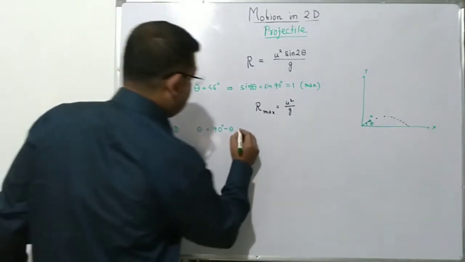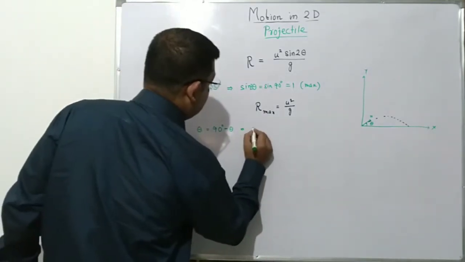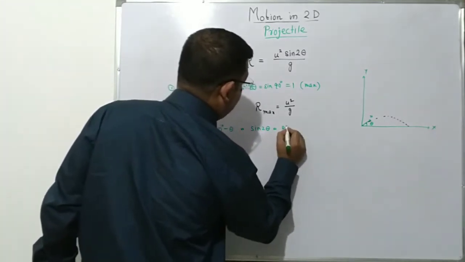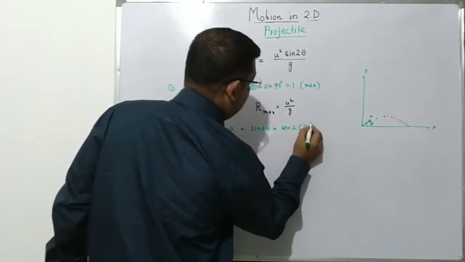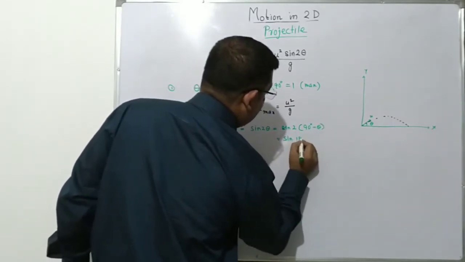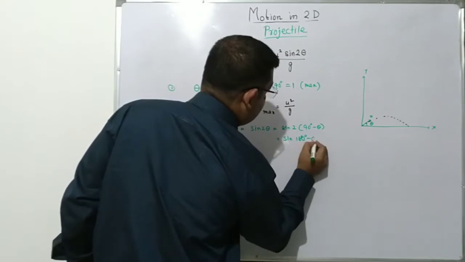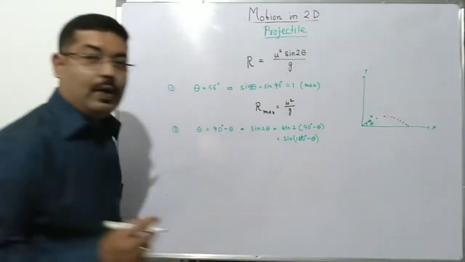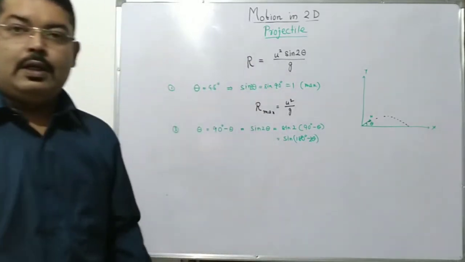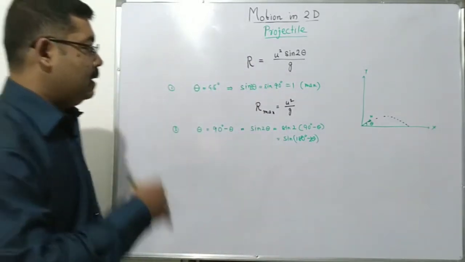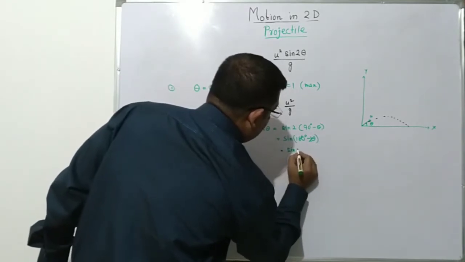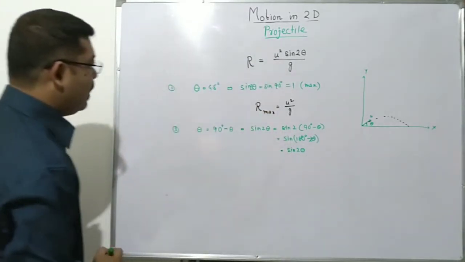In that case, sine of twice theta will be equal to sine of 2 into (90 degrees minus theta). This is sine of (180 degrees minus twice theta). But sine of 180 degrees minus any angle will be simply sine of that angle itself, that is equal to sine of twice theta.